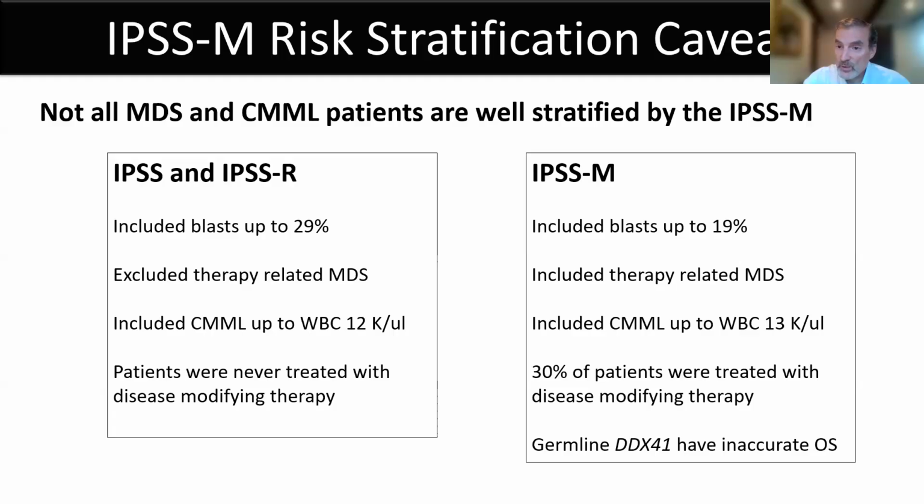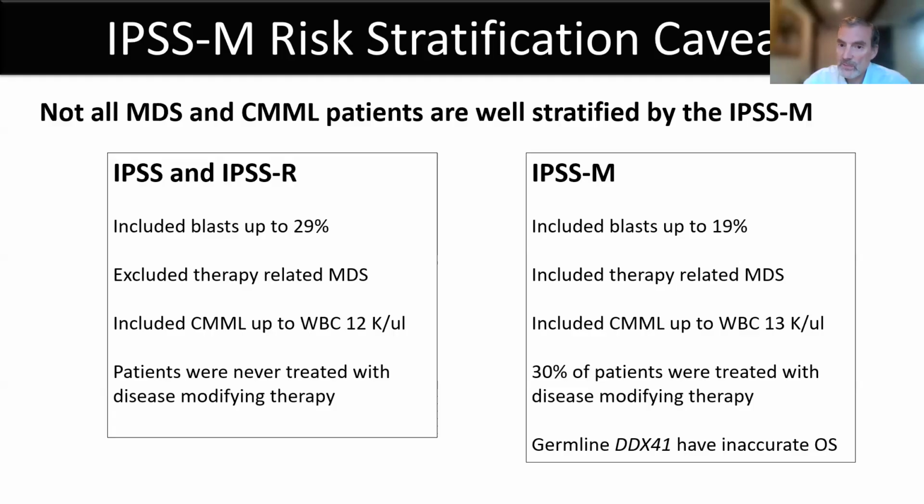Similarly, patients who have germline mutations, meaning mutations that they're born with that predispose them to get MDS, like mutations in a gene called DDX41, their risk is not well captured by the IPSS-M. These patients actually have a very high risk of developing leukemia, but their leukemia tends to be very sensitive to treatment, meaning that they tend to do very well with therapy. So the IPSS-M overestimates their risk and is not a good tool for that patient population.